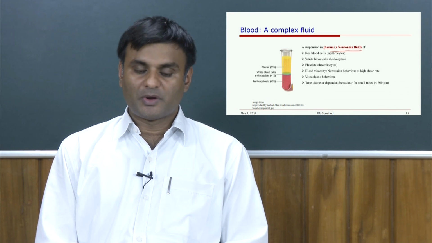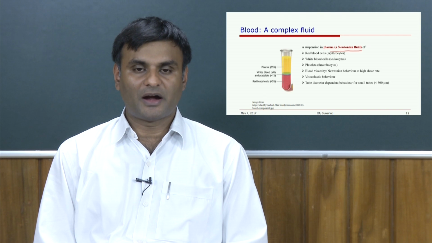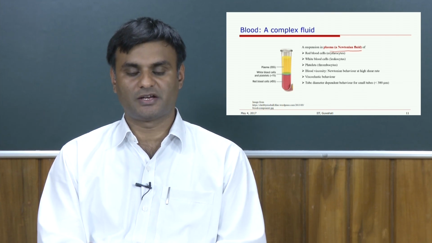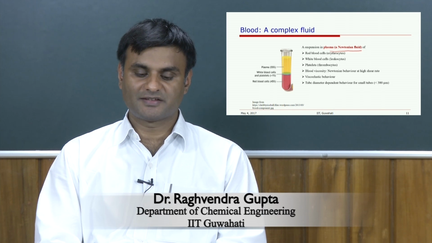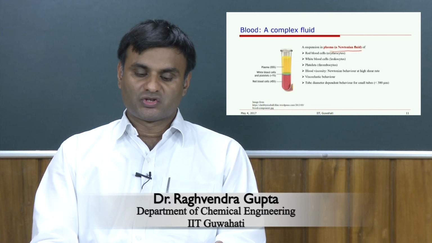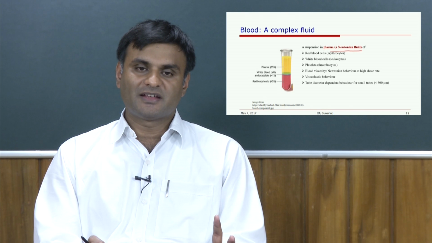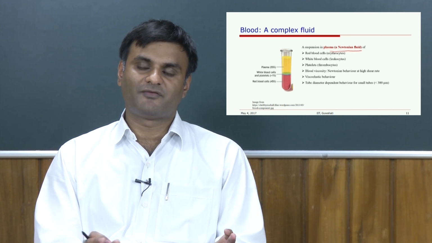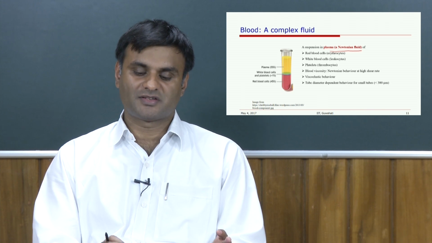In this blood there are different particles suspended: red blood cells, which are also known as erythrocytes, white blood cells, and platelets. When these particles are suspended, the blood behaves in a different way depending on the shear conditions.